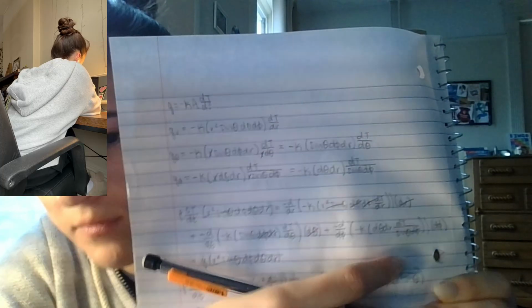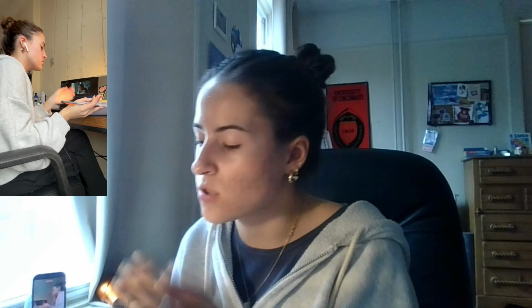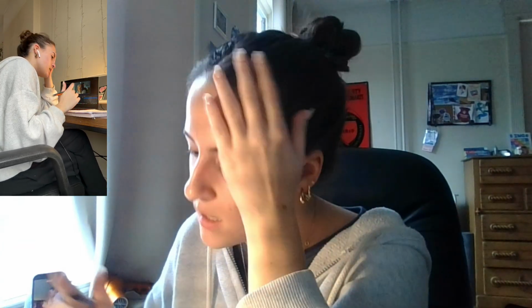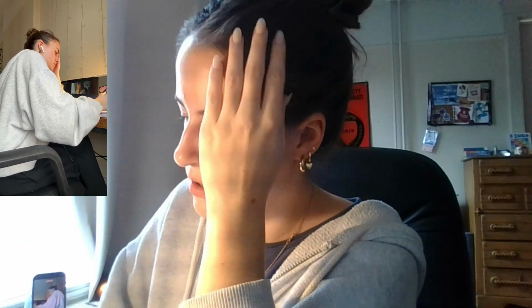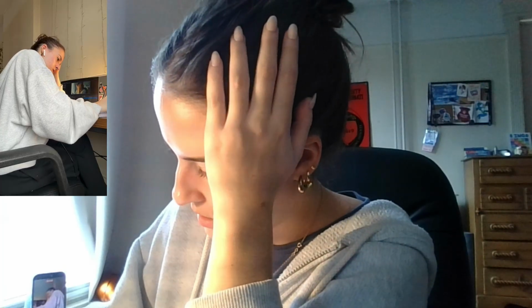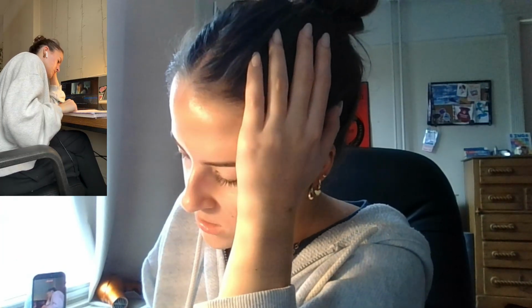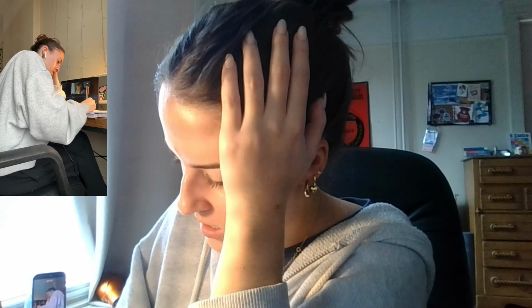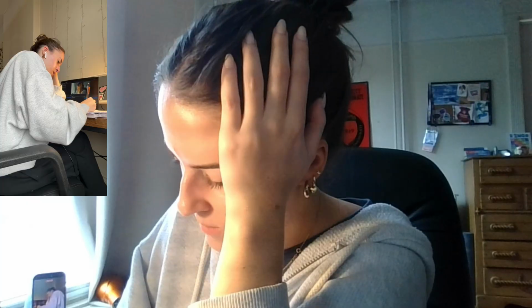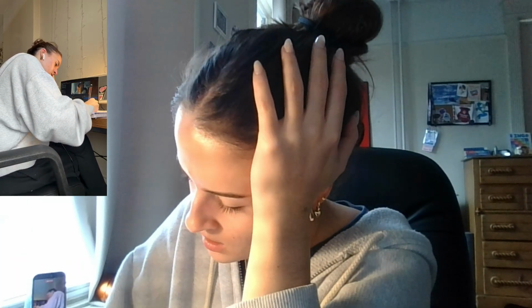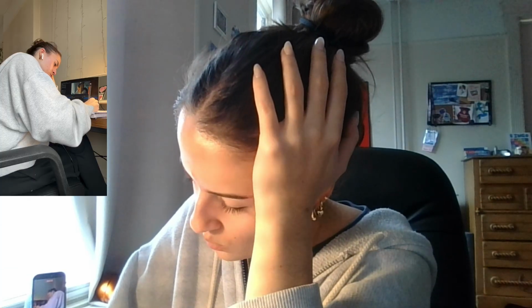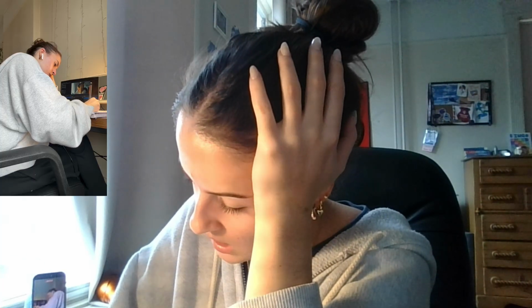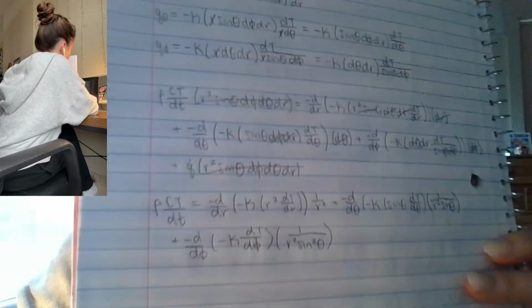And then we'll still have the r squared there too, because there's no r's to take away from that term. So we can cancel the d theta, dr, d phi. So we'll get negative d over d phi, negative k dT over d phi, because I'm going to pull that 1 over sine theta out to get 1 over r squared sine squared theta. So that's what that term will look like.